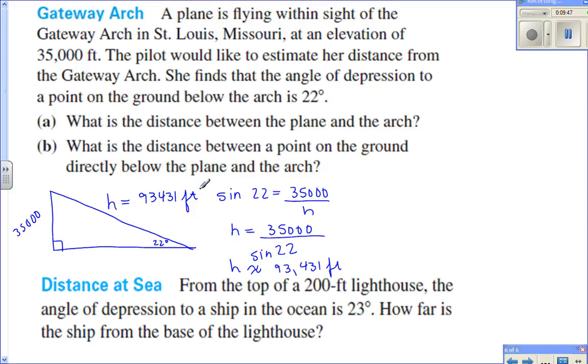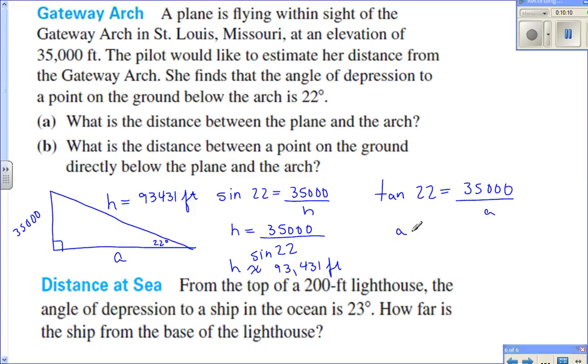Then they want to know the distance between a point on the ground directly below the plane and the arch. So they're wanting to know this adjacent side. Again, we want to use what we already have that we didn't figure out on our own. So we'd have opposite over adjacent, which we know to be tangent. So tangent of 22 is going to equal that 35,000 over adjacent.